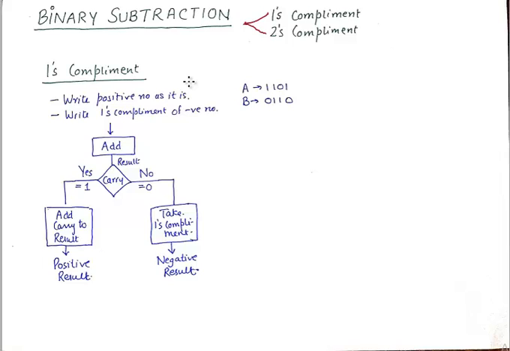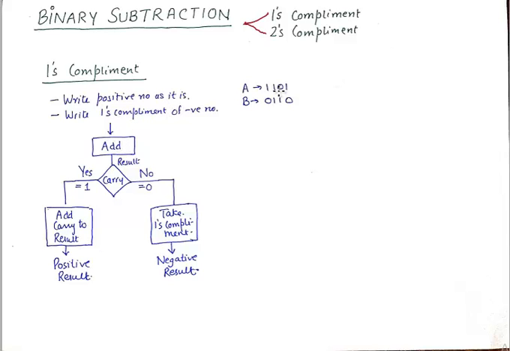Subtraction is not a different process in microprocessors or controllers, or in digital electronics. Subtraction is also performed via addition. So how is that done? We'll study it in this tutorial. That's the use of these two methods, that eventually the microprocessor or a digital device has to perform addition and nothing else.